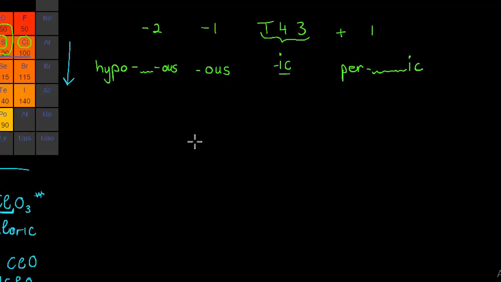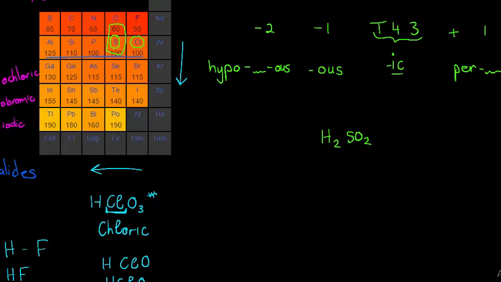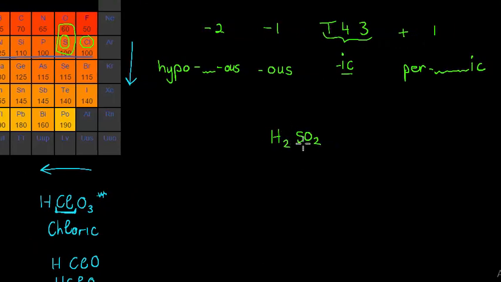So let's look at, for example, hydrogen and then SO2. Now if we go down here, these ones would be -1, -2, -3. So sulfuric would be -2, which means this one must have 2 hydrogens to satisfy that -2. Anyway, going on from there, SO4, what would this one's name be?